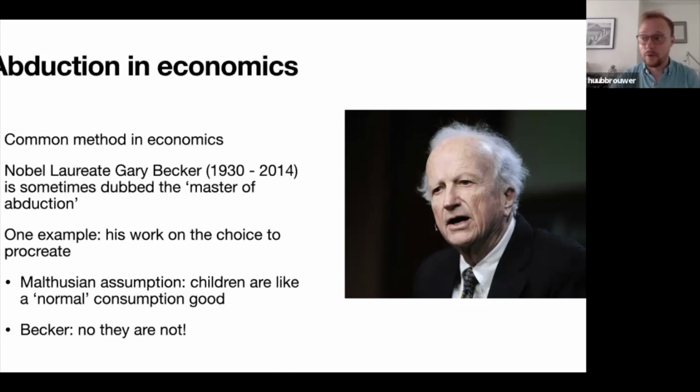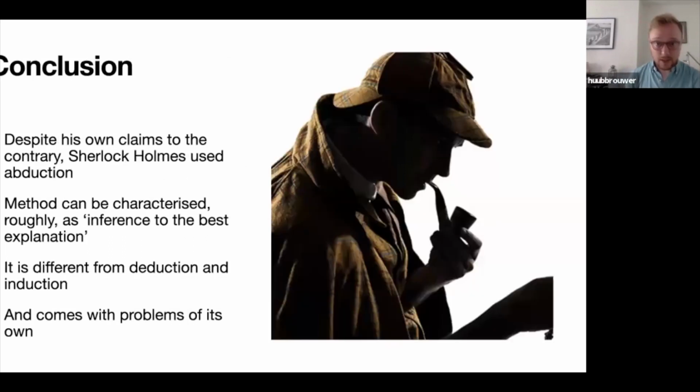They want to buy them more expensive gifts. They want to send them to more expensive schools. So the costs of children themselves increases too. And once you include these two things in a model, you get a much better explanation of the choice to get children. And that brings me to the conclusion of this tutorial.